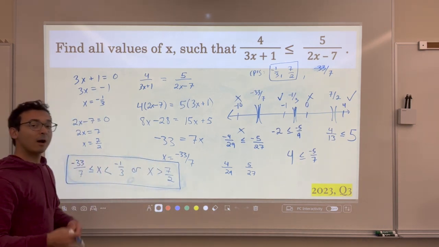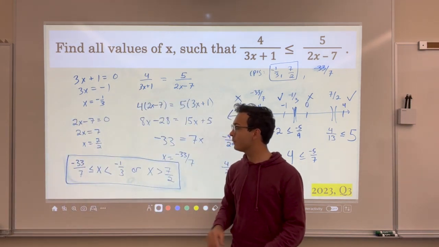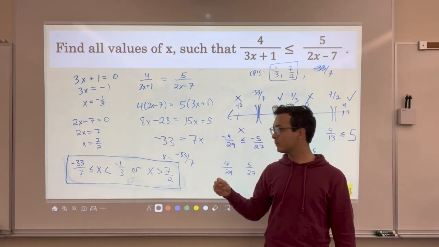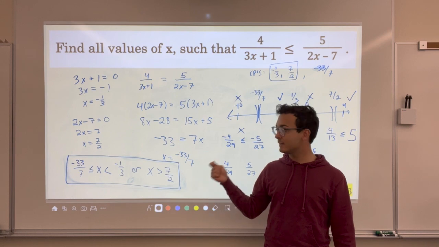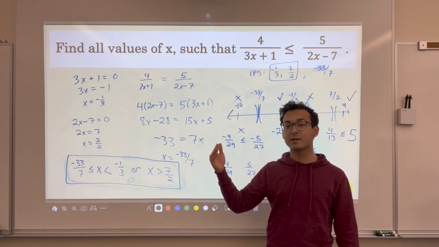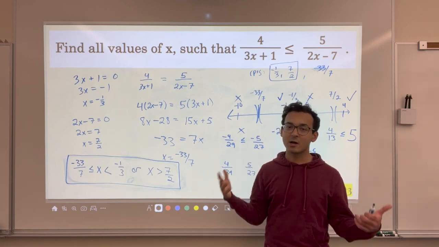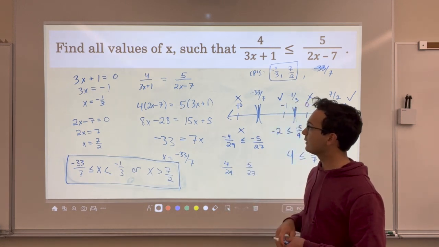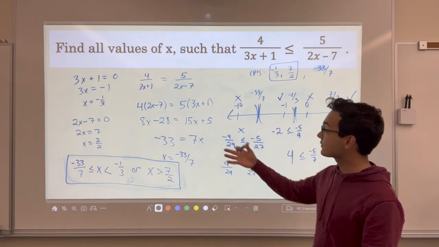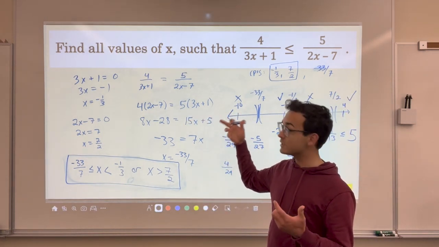Okay? So our final answer to this problem would be negative 33 over 7 is less than or equal to x is less than negative 1/3, or x is greater than 7 over 2. This is a complicated problem because it involves finding those critical points, which involves cross multiplication and setting those functions equal to each other.